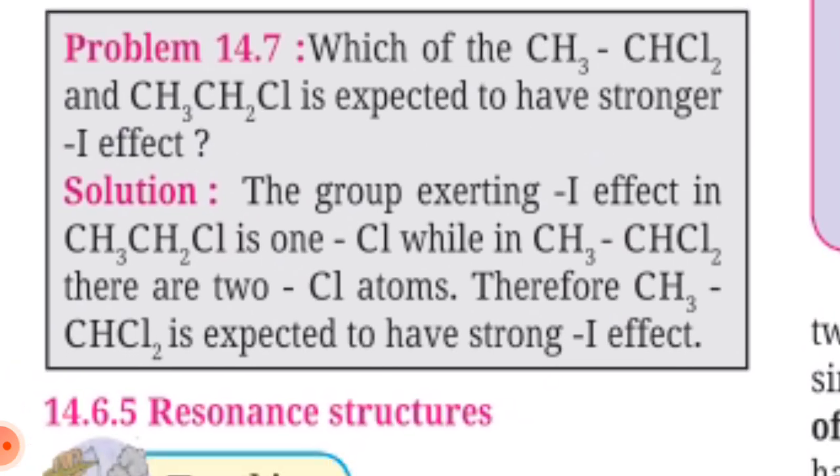Which of CH3CHCl2 and CH3CH2Cl is expected to have the stronger negative inductive effect? The group exerting the negative inductive effect in CH3CH2Cl is 1 chlorine, while in CH3CHCl2 there are 2 chlorine atoms. Therefore, CH3CHCl2 is expected to have the stronger negative inductive effect.